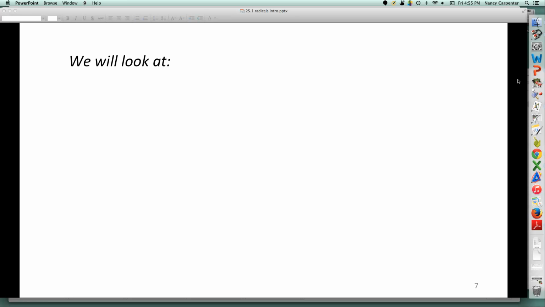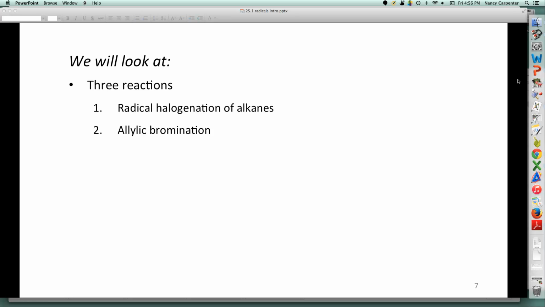Alright, so in chapter 25 we will look at 3 reactions. Well, we may look at more than 3 reactions actually. We'll initially look at 3 reactions. The radical halogenation of alkanes is kind of the basic radical reaction. We'll look at allylic bromination, and we will look at another anti-Markovnikov reaction. Very nice to have this in your synthetic toolbox.